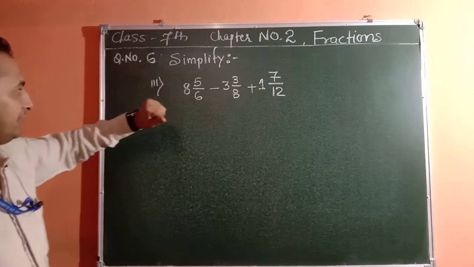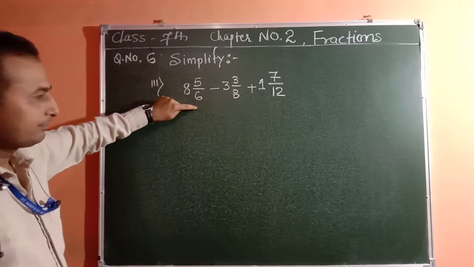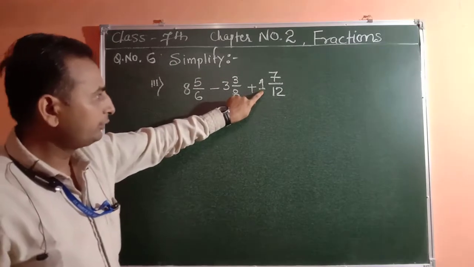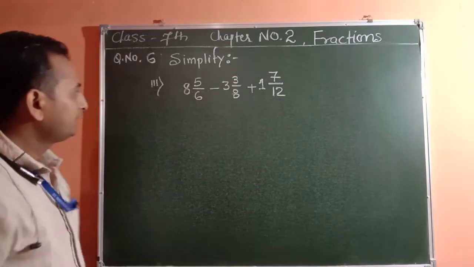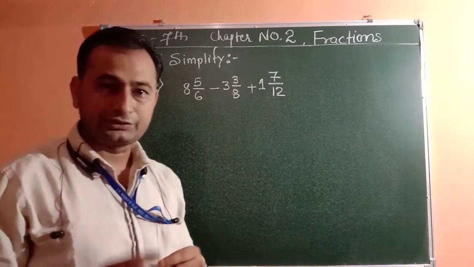The question is simplify 8 whole 5 upon 6 minus 3 whole 3 upon 8 plus 1 whole 7 upon 12, which means all three fractions are in the form of mixed fractions.